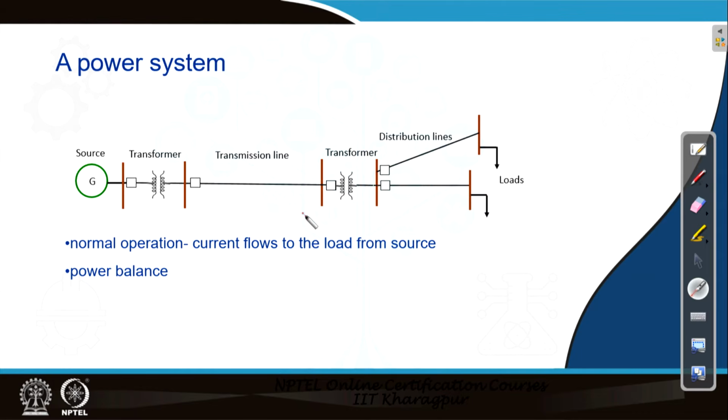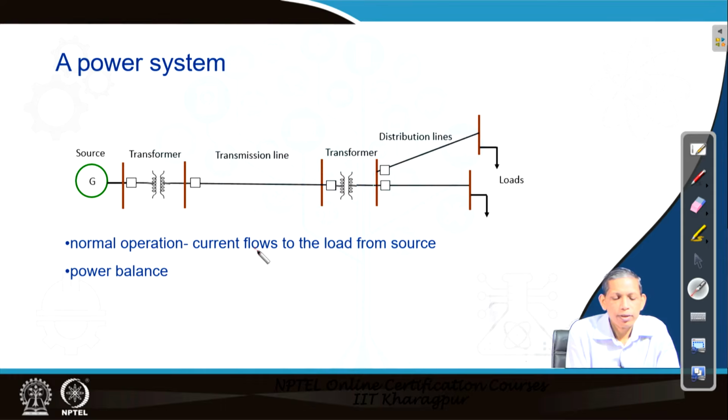Now, unusually, in case of a failure of any of the components in this system, there is a disruption in power supply to the load, and that creates problem in the reliability aspect of the supply system.